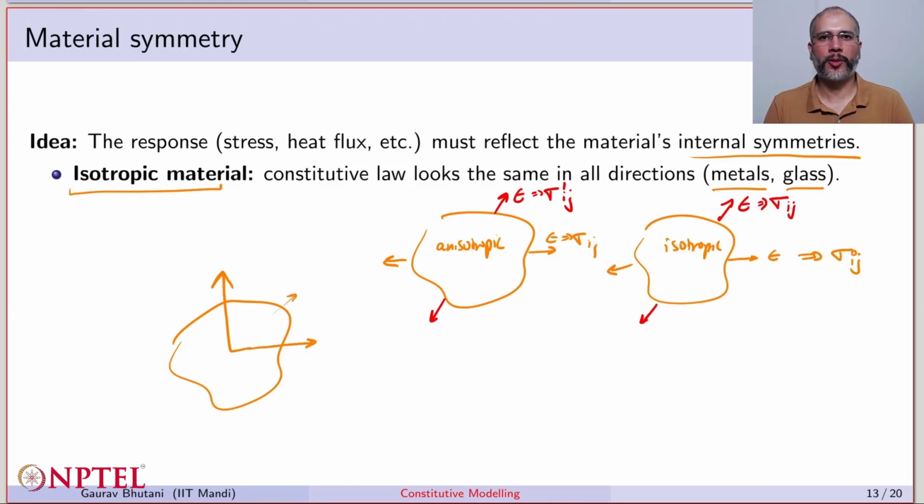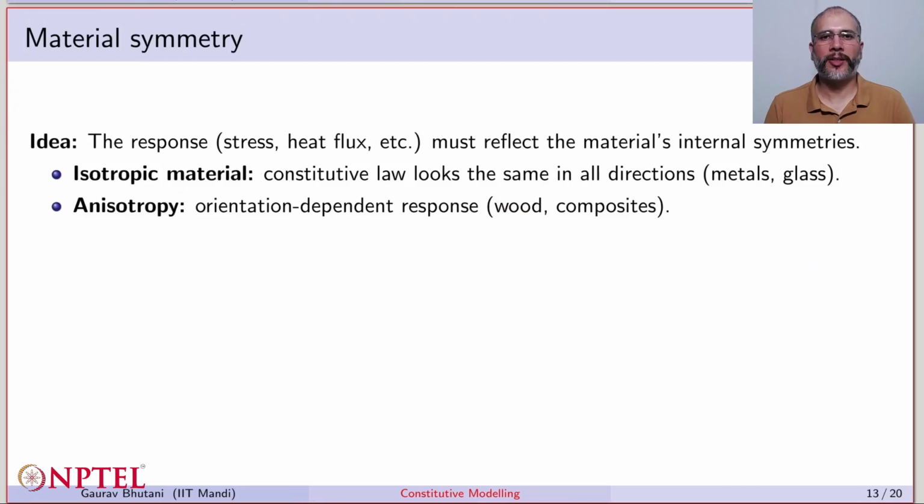So we have to ensure that our constitutive model that we develop also respects this material symmetry. And as I just said, anisotropic materials will not be symmetric, or will be symmetric only about certain special axes or planes. So our constitutive model will have to respect or incorporate that information.